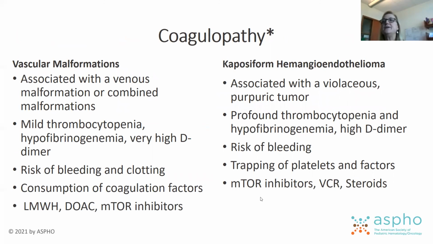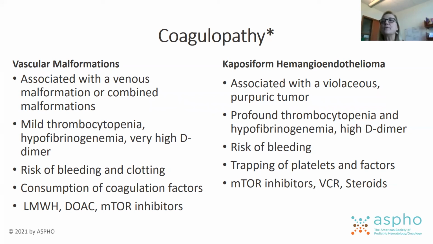So again, here is an important slide for you to know, differentiating the coagulopathy in vascular malformations and in that tumor called KHE. So KHE is associated with a purplish violaceous tumor. Vascular malformations are present at birth, and they can be venous or combined.